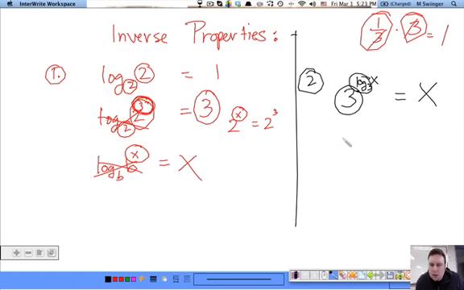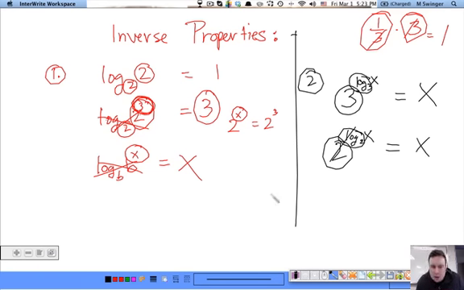In general, if you had 2 to the log base 2 of x, this and this are inverses of each other, just like this and this. Log base 2 and 2 to the power are inverses. They cancel out, and you're left with whatever's left over, x.